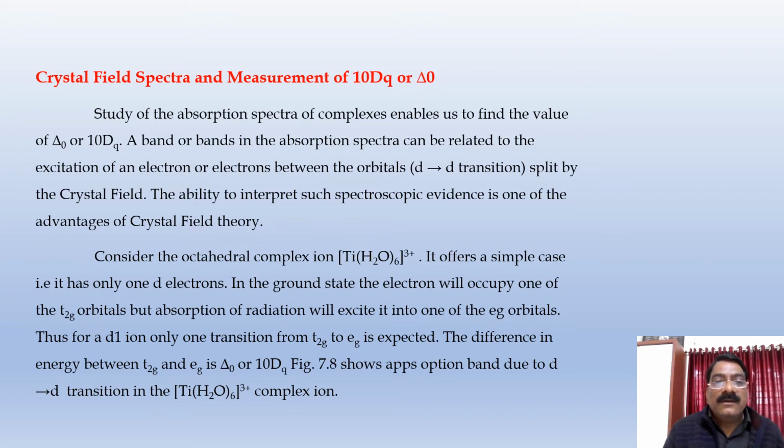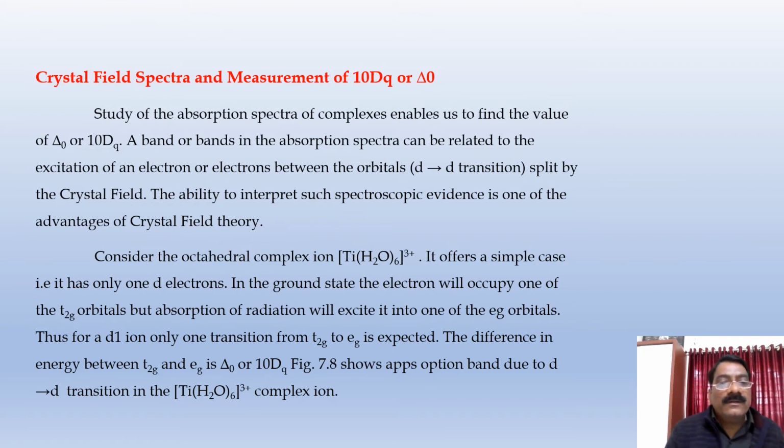Consider the octahedral complex ion [Ti(H2O)6]3+. It offers a simple case, that is, it has only one d electron. In the ground state, the electron will occupy one of the t2g orbitals, but absorption of radiation will excite it into one of the eg orbitals.